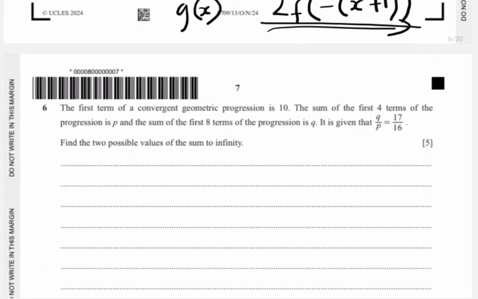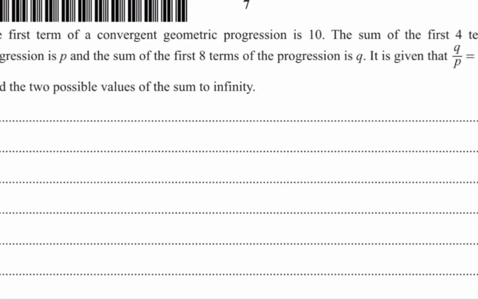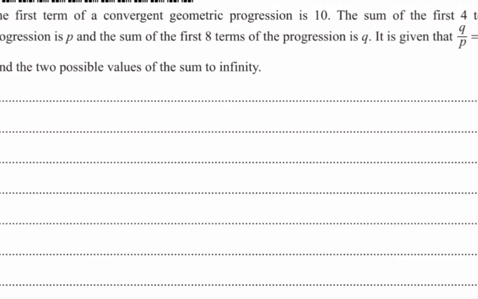And for the 6th question, it's saying the first term of a convergent geometric progression is 10, and the sum of the first 4 terms of the progression is p, and the sum of the first 8 terms of the progression is q.